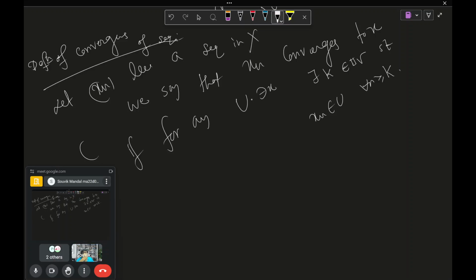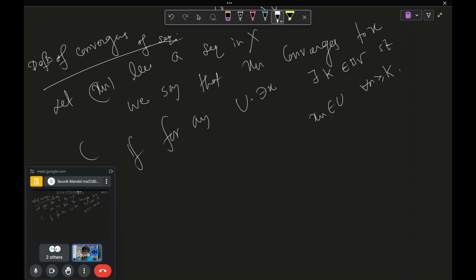The space is Hausdorff if, given any two distinct points, we have two disjoint open sets containing those two points. Correct. That is the definition of Hausdorff itself.